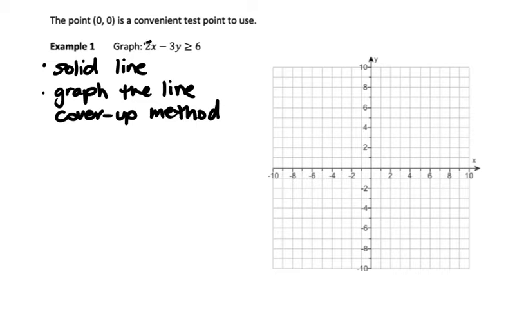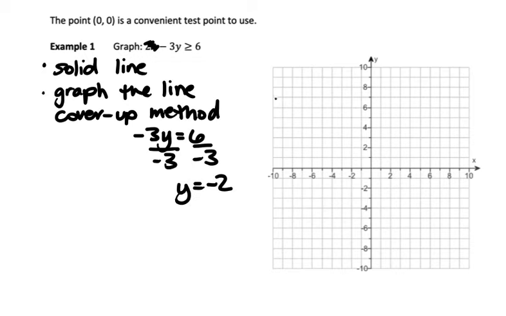I'm going to start by covering up the x. My equation is negative 3y. Now I'm thinking of this inequality symbol right now as an equal sign when I'm graphing the line. So 2x minus 3y equals 6. Divide, and that gives me y equals negative 2. So remember, that's a point that I plot on the y-axis, y equals negative 2.